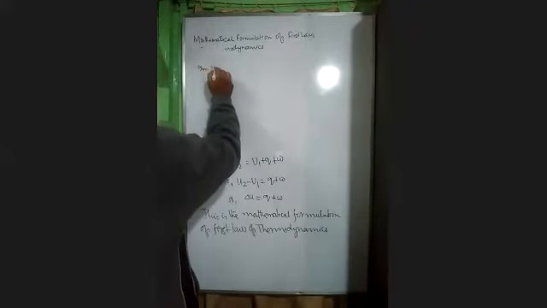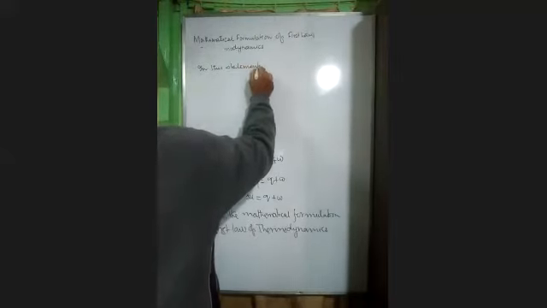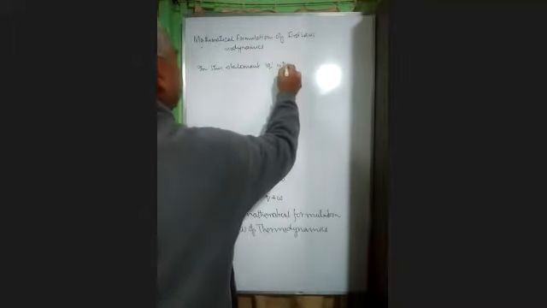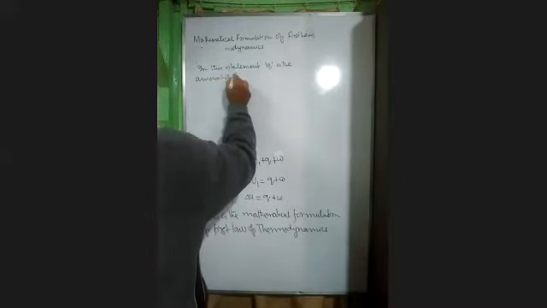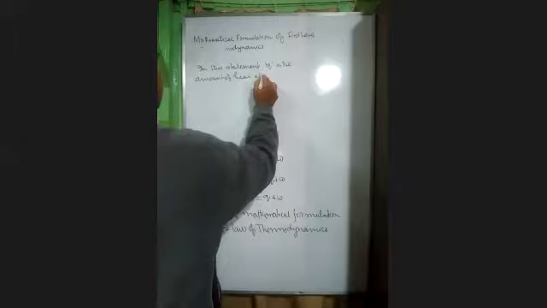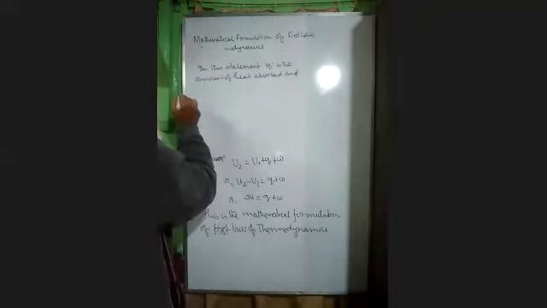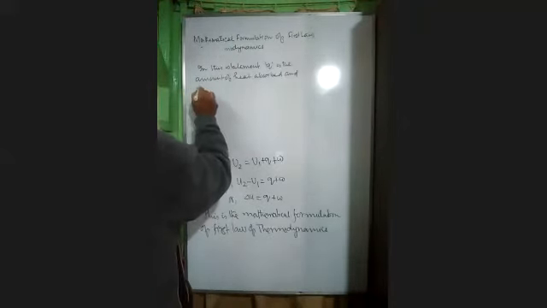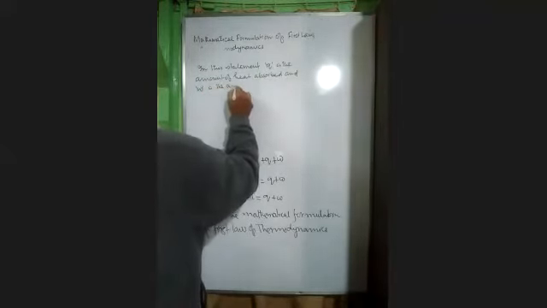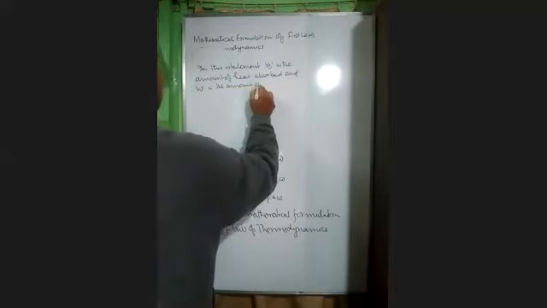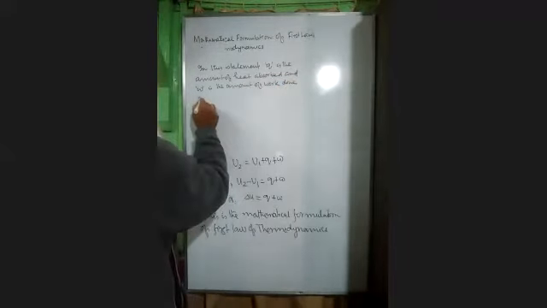In this statement, Q is the amount of heat absorbed and W is the amount of work done on the system.